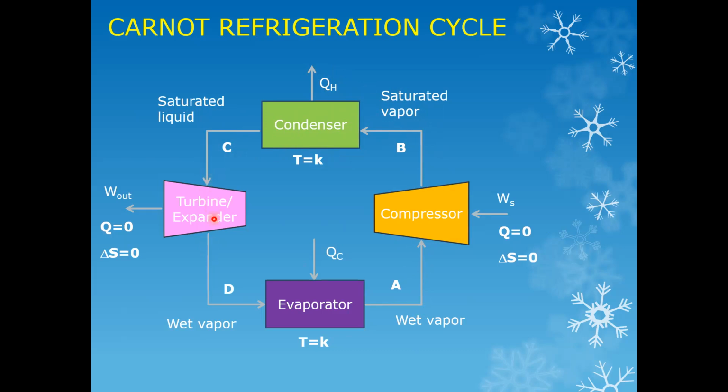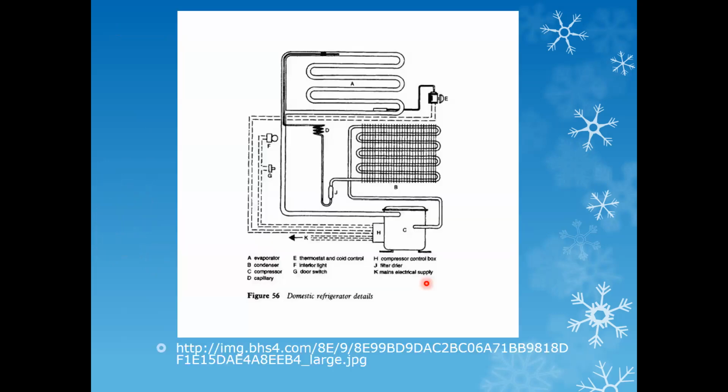Now, it passes through the turbine or expander adiabatically and isentropically, producing a small amount of work, and it transforms the saturated liquid to wet vapor. And finally, in the evaporator, heat from a low temperature reservoir is absorbed at a constant temperature, and the wet vapor remains as a wet vapor.